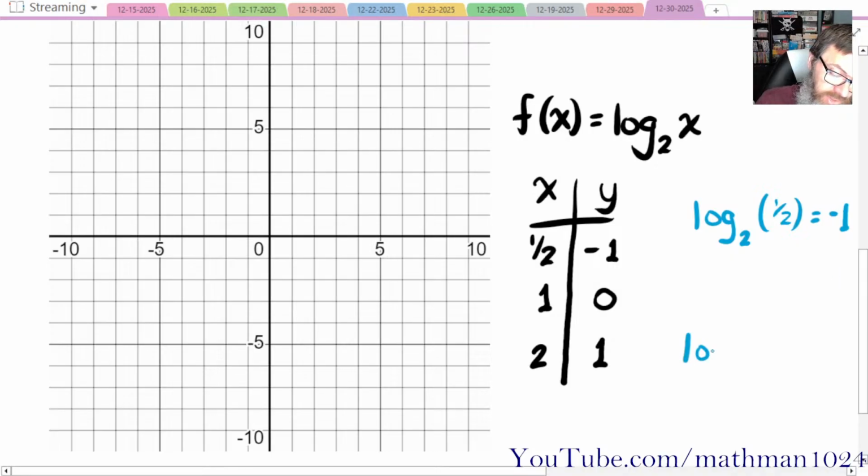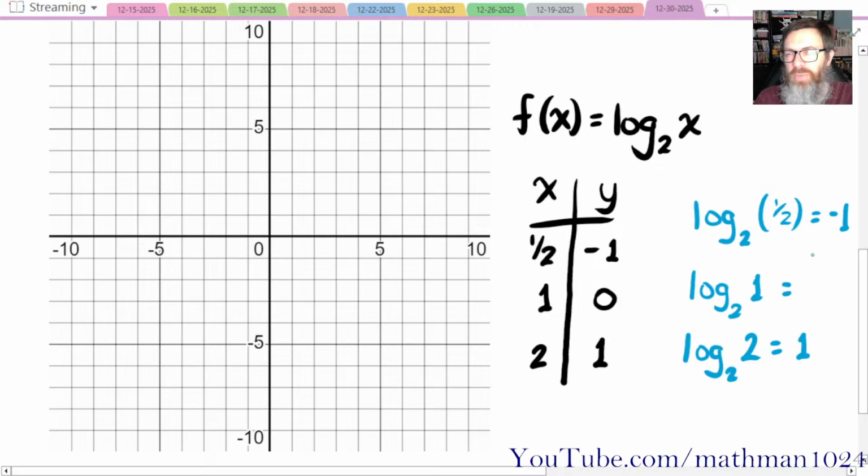If I jump down to this last one, log base 2 of 2. What power of 2 gives you 2? That's just going to be 1. And I think the one that gets a lot of students is log base 2 of 1.